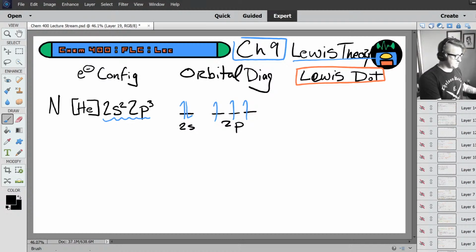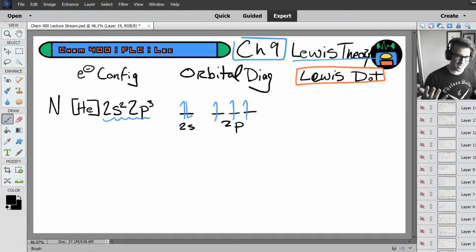Emma, great question. Emma's question was for orbital diagrams: is it wrong if you write it out entirely, including the helium core? It's totally not wrong. That is 100% correct to do it this way. However, I think it's easier and a little faster if you just write the valence electrons, especially when the atoms get much larger.